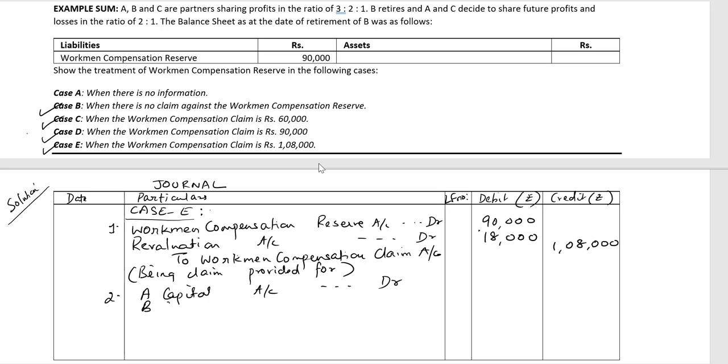We have A capital account debit, B capital account debit, C capital account debit, to revaluation account.